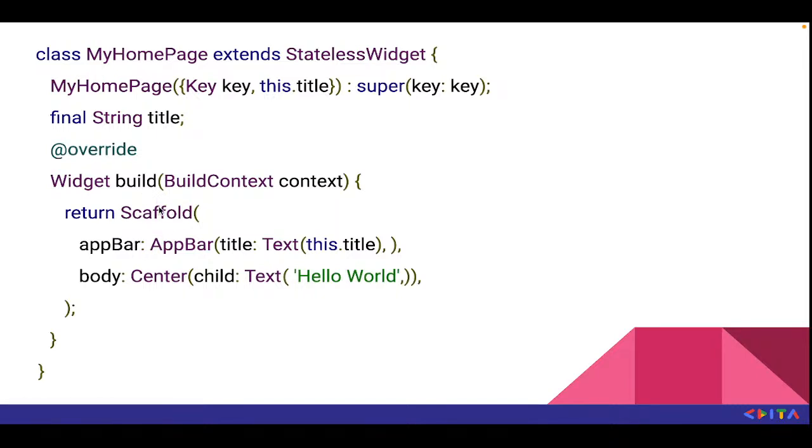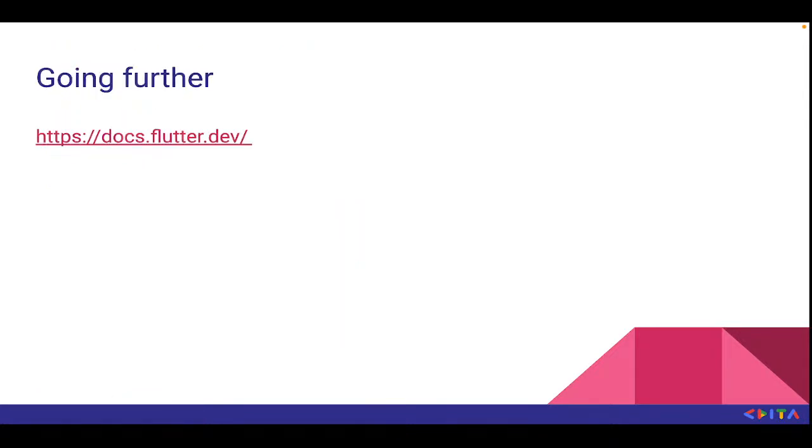That's basically the container that contains the app. Scaffold is a certain layout, and in an app bar we have a title that we passed as a parameter to our class, and in our body we just have a text, Hello World, so that will be basically an empty page. To go further, you can go again to the Flutter docs, which are very nice and very interactive.